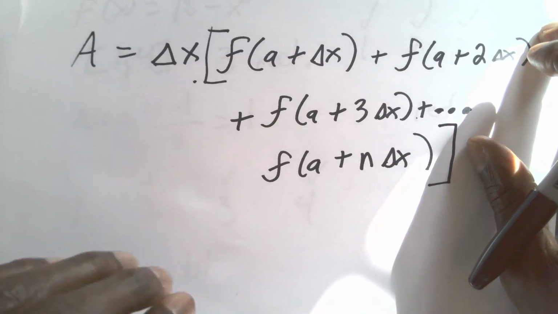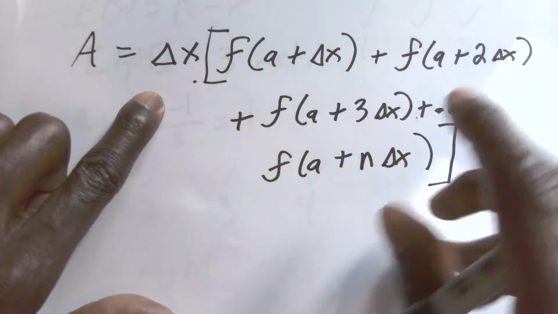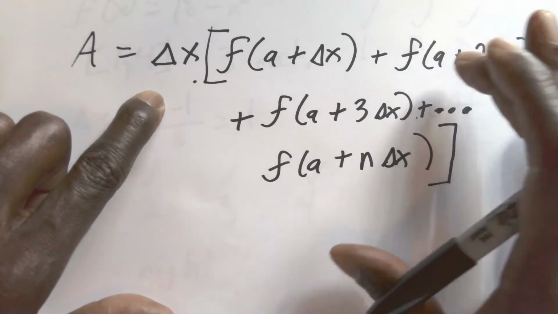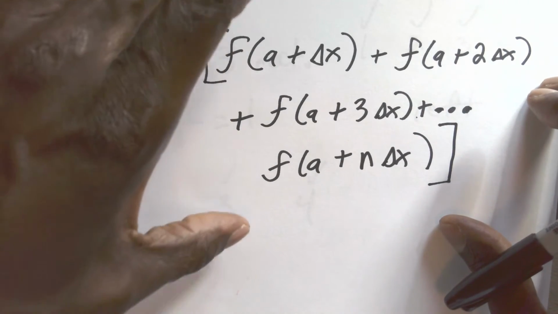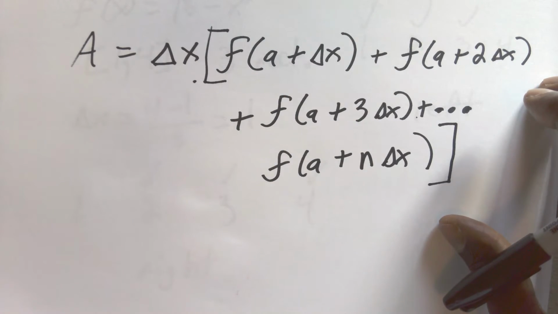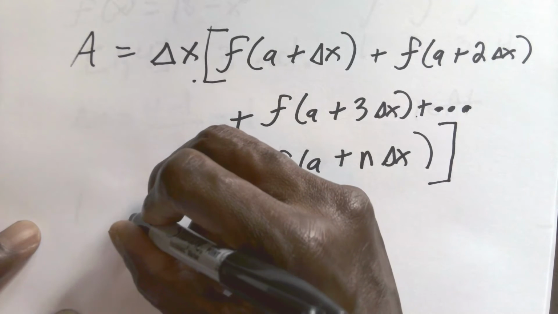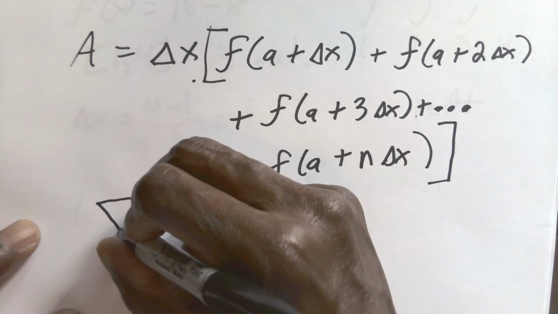Now, I want to talk about a shorthand way of writing a sum such as this. This is a sum, so this is a summation. And sigma notation is the way to write a summation. So if you're unfamiliar with sigma notation, this is the capital Greek letter sigma.